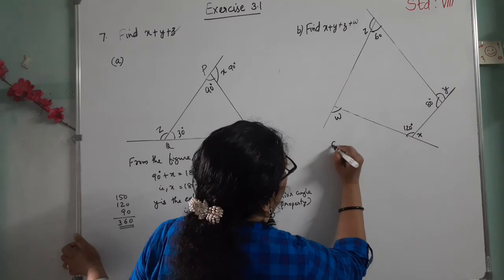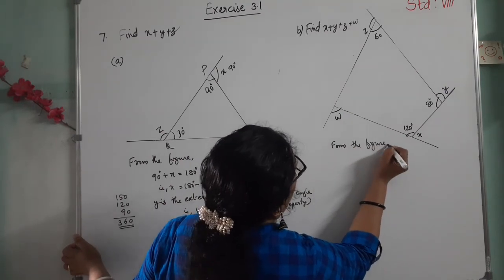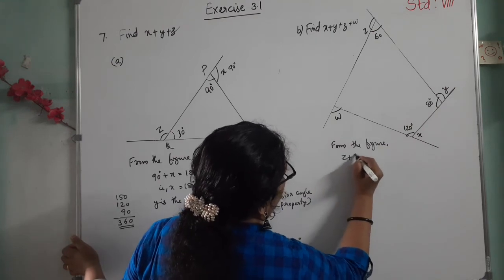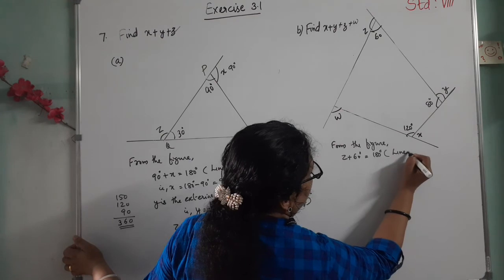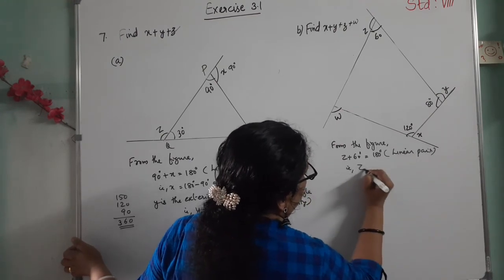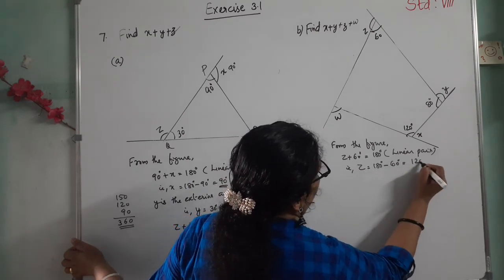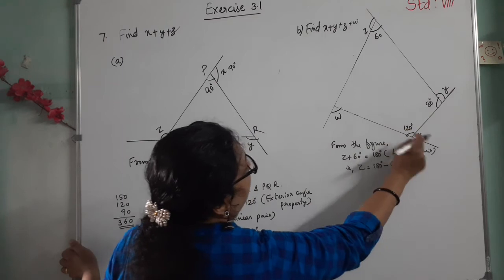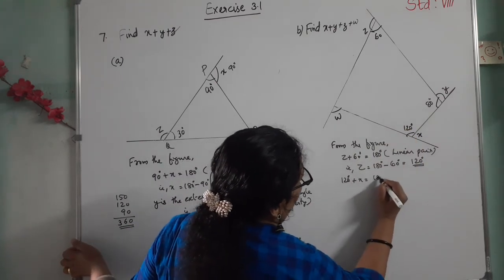Now find x plus y plus z plus w. From the figure, here also we can write z plus 60 degrees equals 180 degrees, that is a linear pair. That is z equals 180 degrees minus 60 degrees, which is equal to 120 degrees. Then here 120 degrees plus x equals 180 degrees.